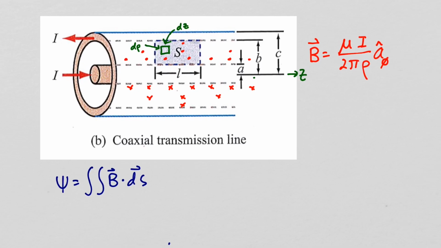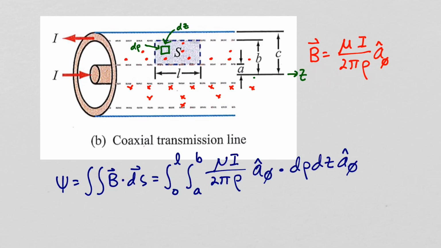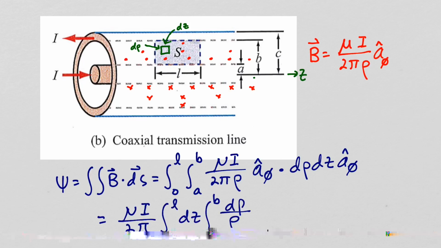So we'll substitute for B and dS, and in the rho direction we'll integrate from a to b, and in the z direction we'll integrate from 0 to L. a-phi dot a-phi is 1, so let's factor out the constants to get mu I over 2 pi, integral from 0 to L of dz, and then the integral from a to b of d rho over rho.